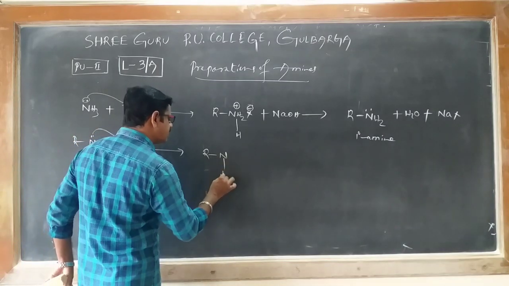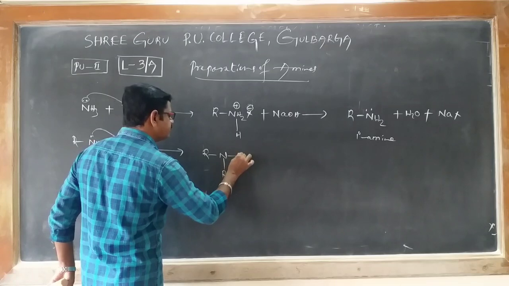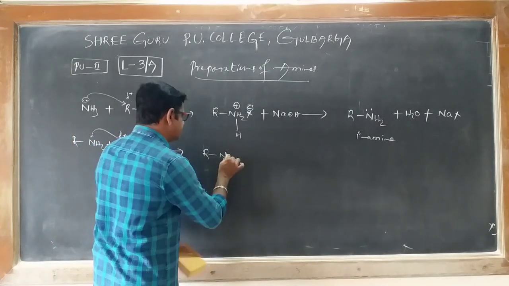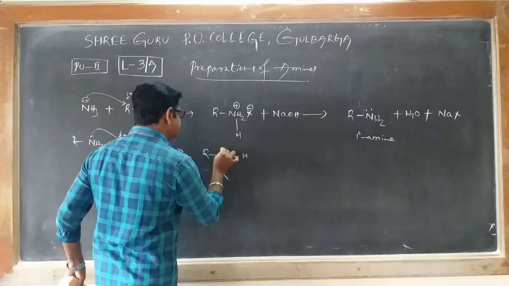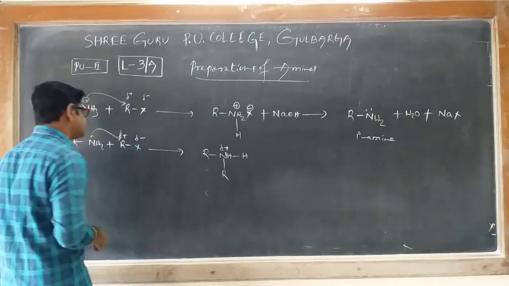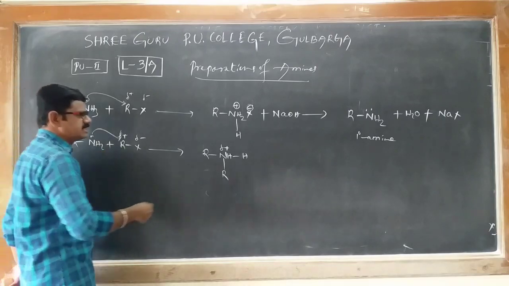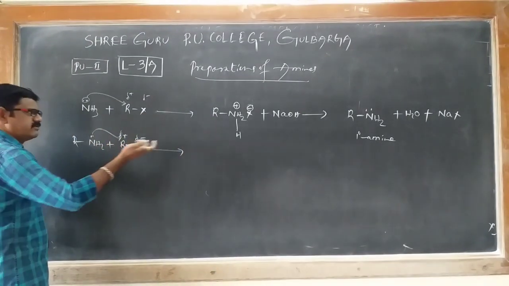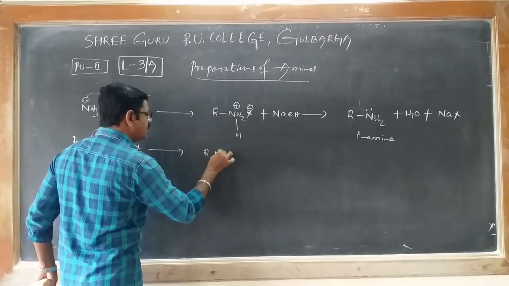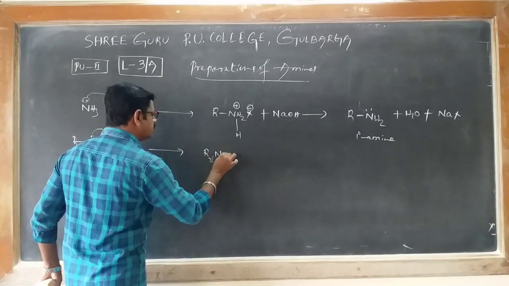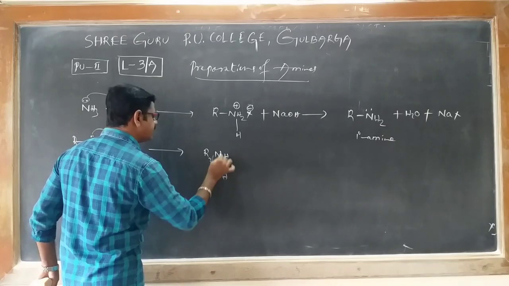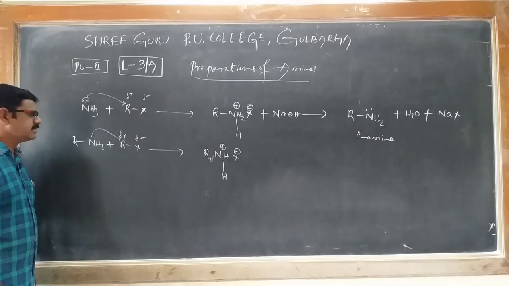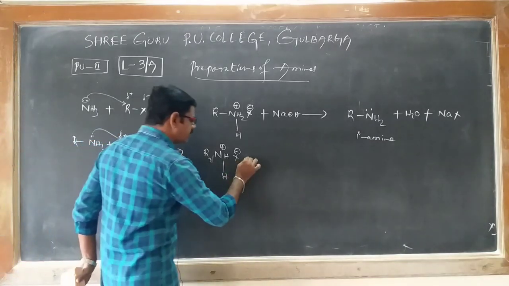Therefore we write it like this: one H separates, and one more H is there, with a plus charge. Otherwise we write it by merging the R groups directly as R2NH2+, with X- giving a salt.